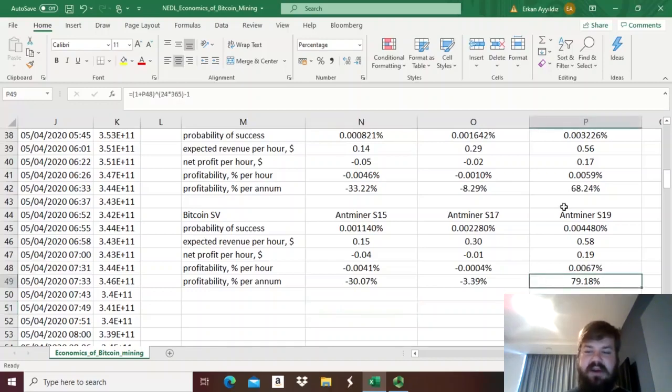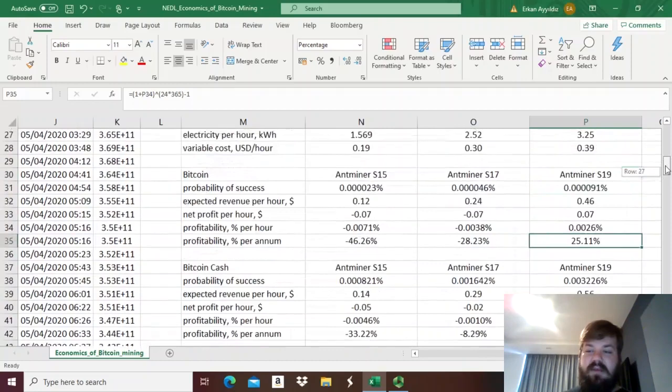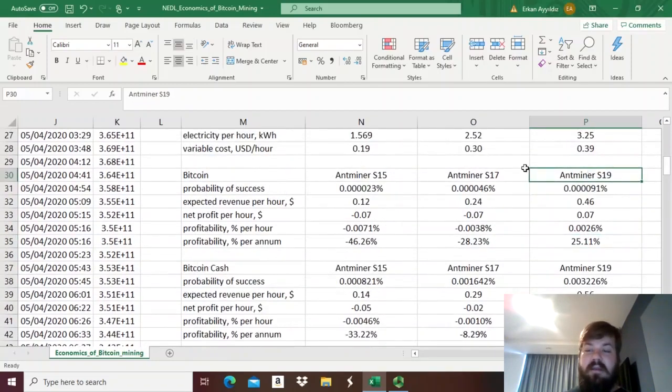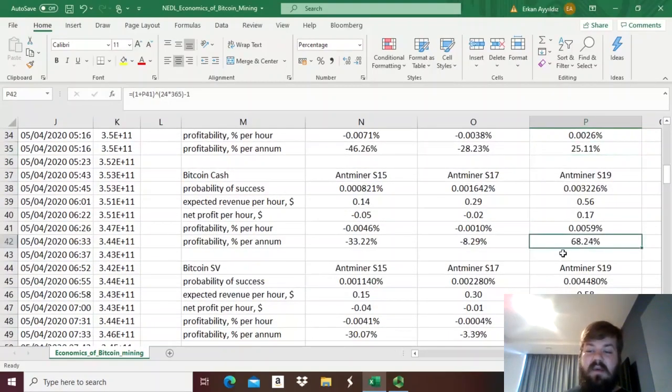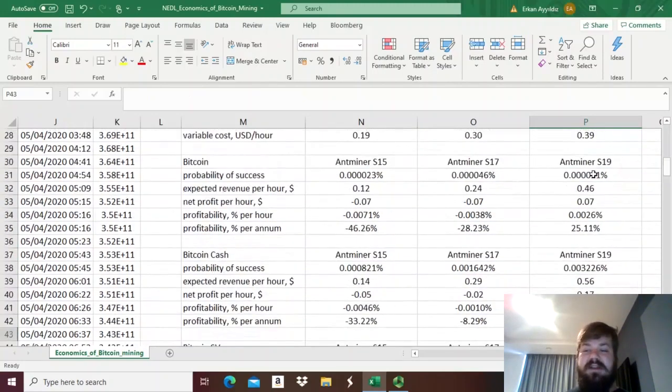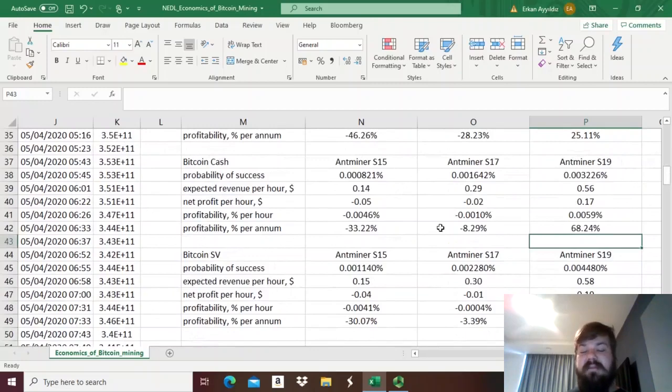So as Bitcoin SV and Bitcoin Cash are currently more profitable than Bitcoin, then you would expect a bunch of miners that use Antminer S19 to switch to Bitcoin Cash and Bitcoin SV. What would it mean for the hash rate? Well, it would reduce the hash rate of Bitcoin, it would increase the hash rate for Bitcoin Cash and Bitcoin SV, and that would bring the probabilities to equilibrium.